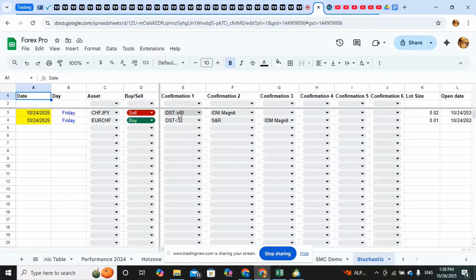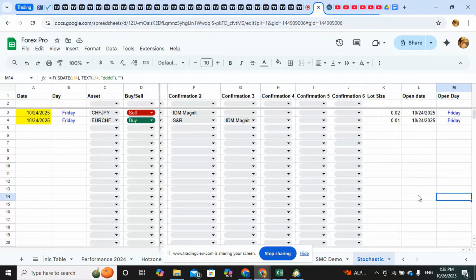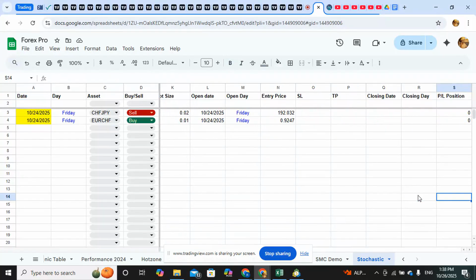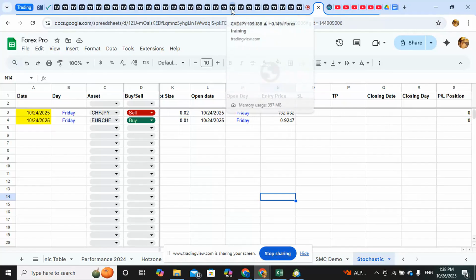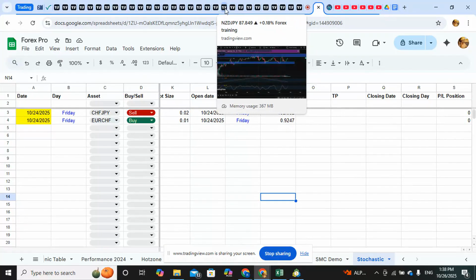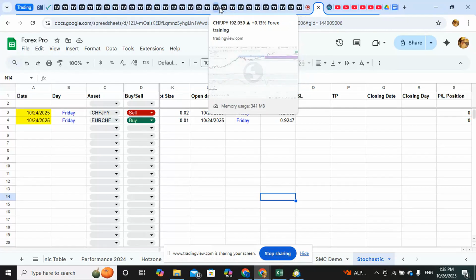Because the daily is above the 80 and the inducement as a magnet. This is the only confirmation. Let's look at the price here, because I think I didn't point it on the chart. 192.032. So the CHF JPY, this is it.